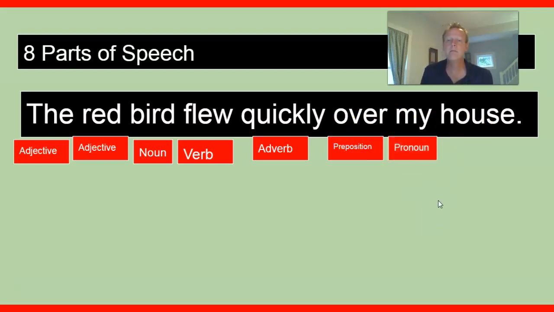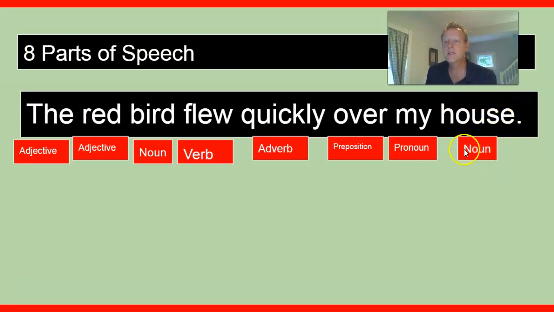My is a pronoun. We learned all about possessive pronouns when we were in the red level, okay? Possessive pronouns replace whoever's house this is. It's showing ownership in this case. My house.